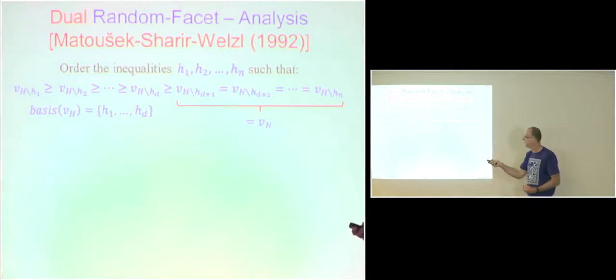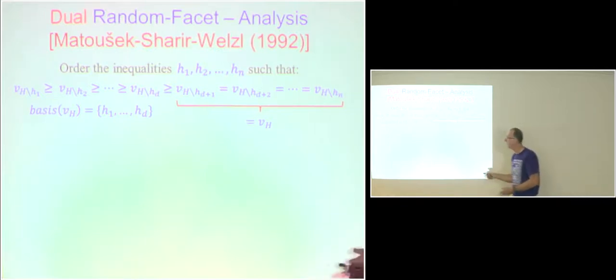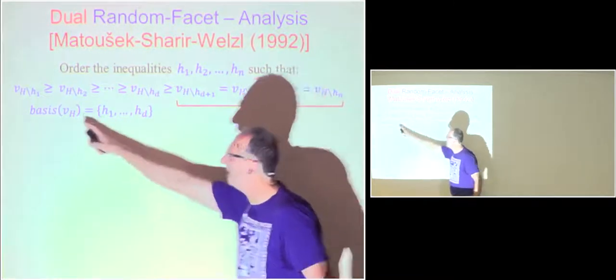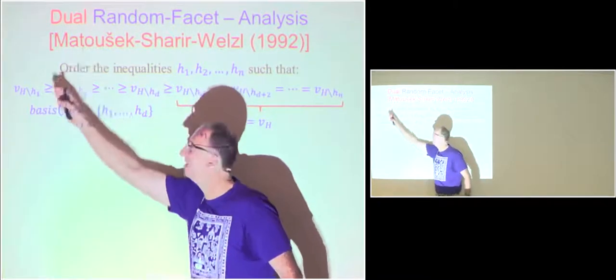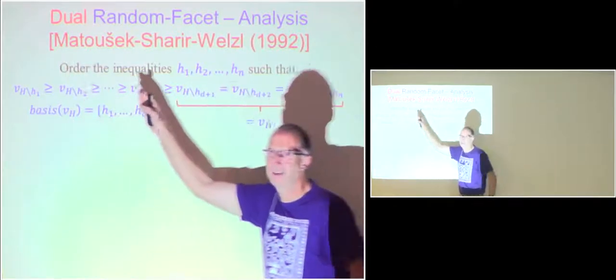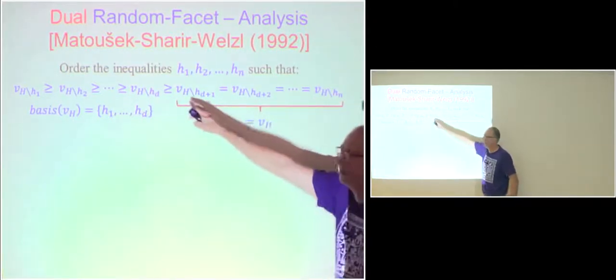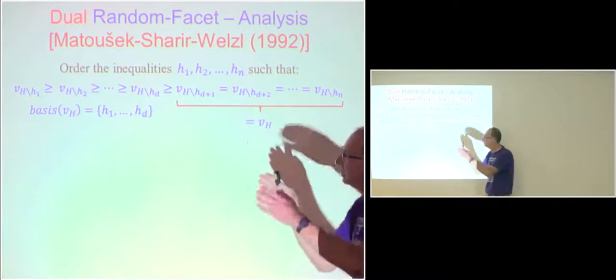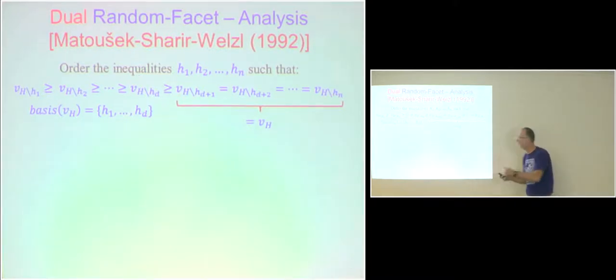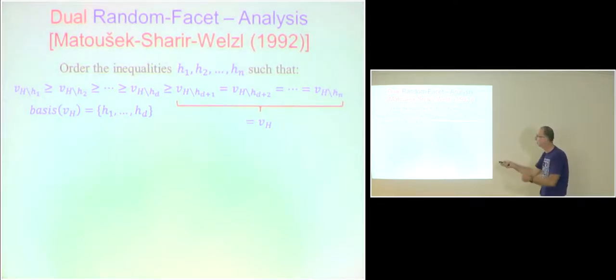Of course there might be equalities here, but h1 is one of the most essential inequalities, because if we forget about h1, we get the largest change in the result compared to forgetting any of the others. So it sort of gives an order to these, not a strict order, because there might be many equalities here. But sort of h1 is more important than h2, more important than hd, and so on.